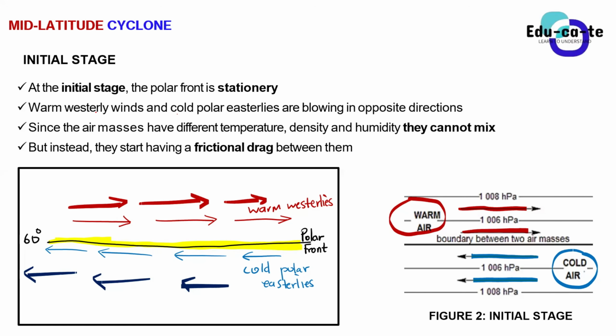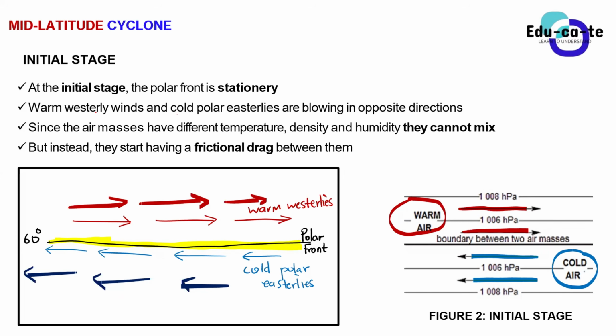The warm westerlies and the cold polar easterlies, and they are blowing in opposite directions. And we said that these two air masses are different from one another because they've got different temperatures, different densities, different humidities, so they can never mix. So these air masses are different from one another in terms of temperature, density and humidity, hence they cannot mix with one another.